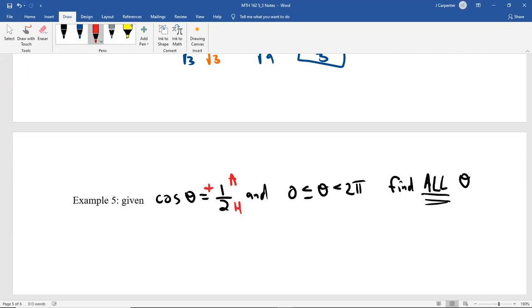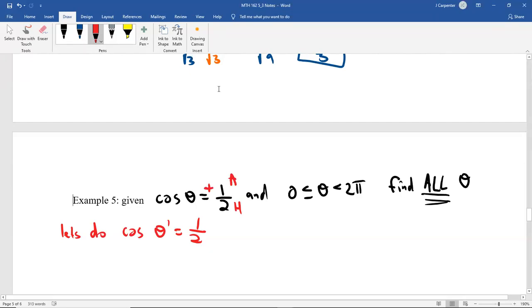Okay. So because this is cosine of theta equals 1/2, let's do the cosine of theta prime equals 1/2. Now, if there was a negative here, I wouldn't write the negative here. So we drop the signs and we switch to a reference angle.